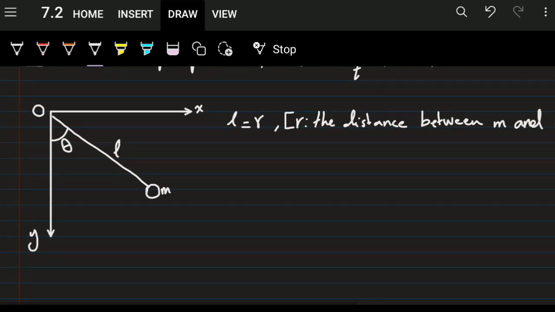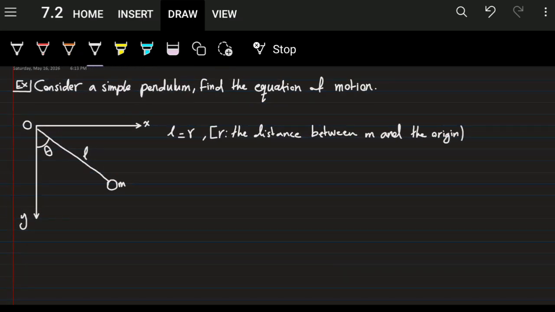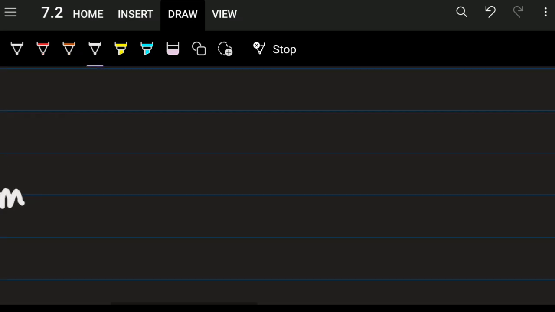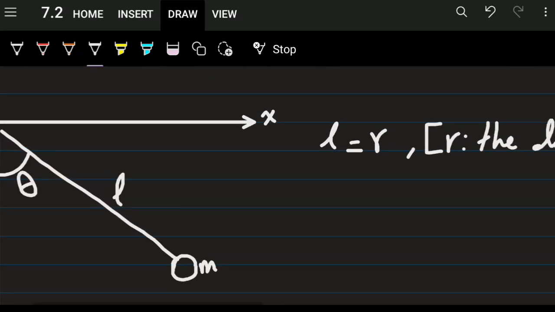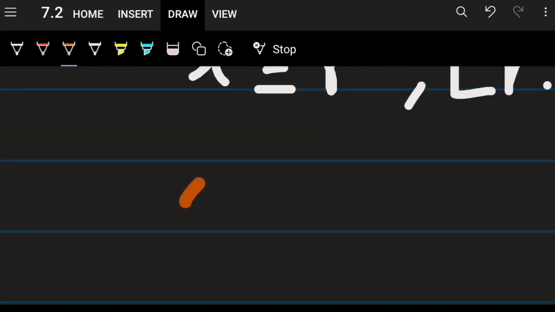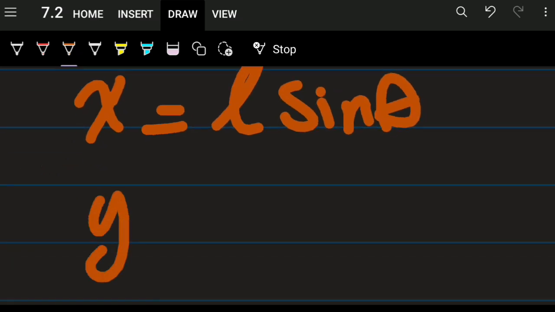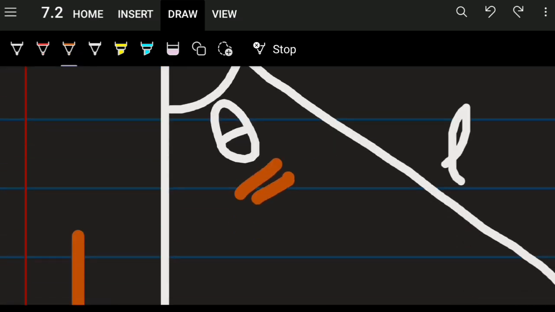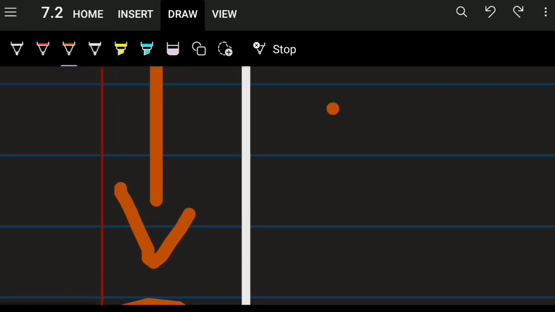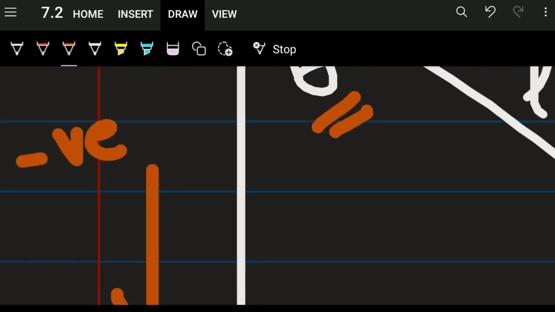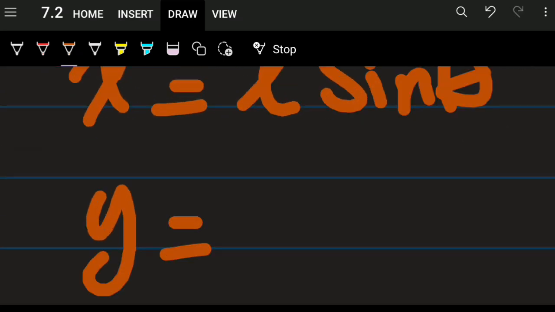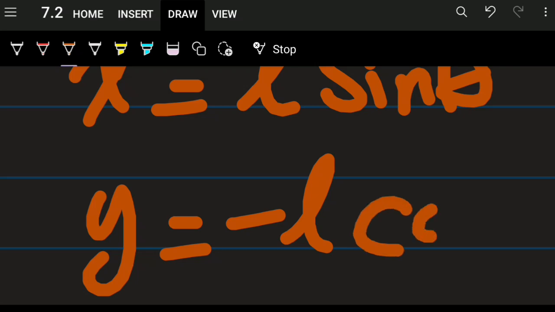Notice here that we're dealing with two-dimensional motion in the xy plane, whereas the previous example was only in one direction. Now, we write x and y in terms of theta. So, x is L sine theta. Y is, pay attention here, we have the y pointing in the negative direction, so that's going to be minus L cos theta.